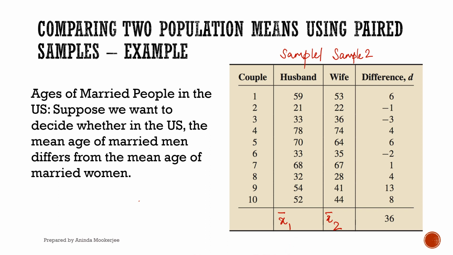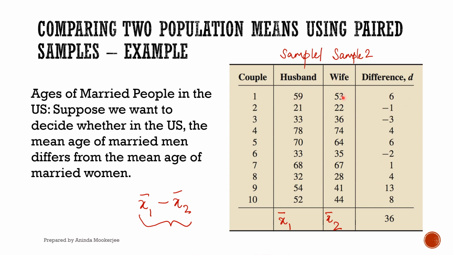We cannot do just x bar sub 1 minus x bar sub 2, which we could do for independent samples, because we are comparing at each individual sample level. In this case each couple, we are comparing the age of the husband with the age of his wife, so we have to find the difference at each itemized level and record the difference.